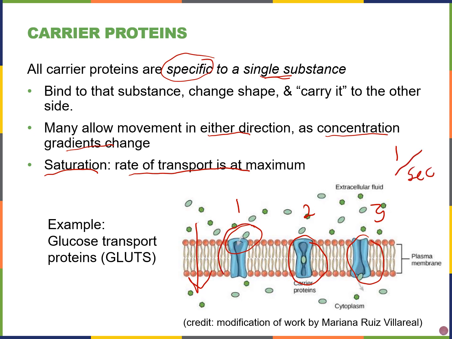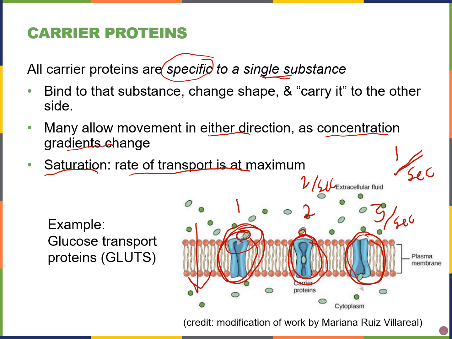So if only one of them is in use, then the current rate is 1 per second. If 2 of them are in use, both transporting their molecule at the same time, then the rate would be 2 per second. If all 3 of them are in use, then the rate would be 3 per second.